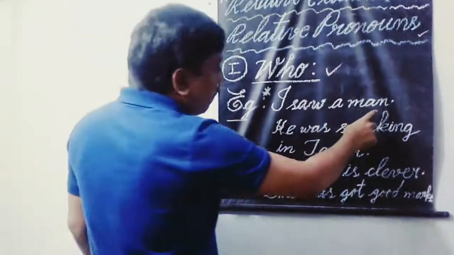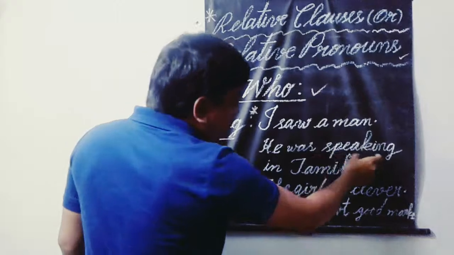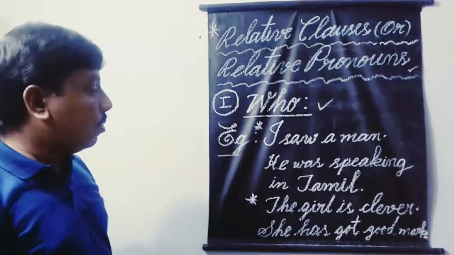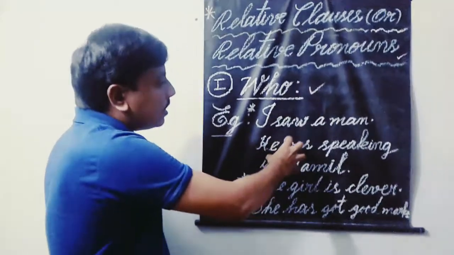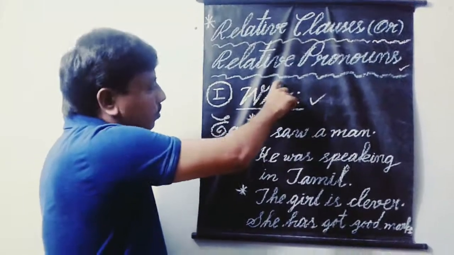I saw a man. This is one sentence. He was speaking in Tamil. This is another sentence. Now let us join these two sentences by using the relative pronoun who.